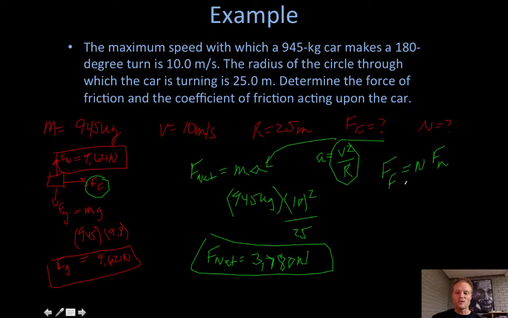If I just move the normal force over here, I have mu equals the force of friction over the normal force. And if you just plug in the force of friction, which is 3,780 newtons up on top, and the normal force, which is 9,621 newtons from my free body diagram, you would get a mu of 0.408. That would be my coefficient of friction, and this problem would be completed.